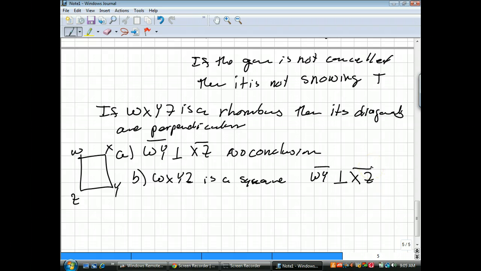And we can conclude that because a square is a rhombus, and so therefore its diagonals must be perpendicular.